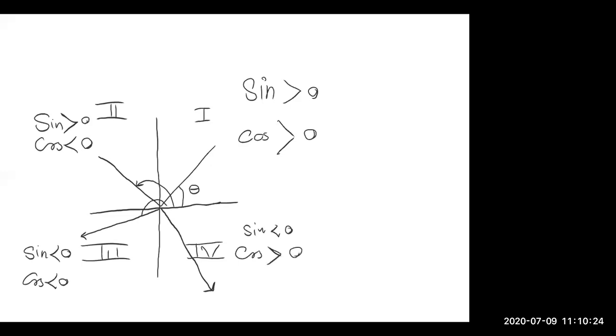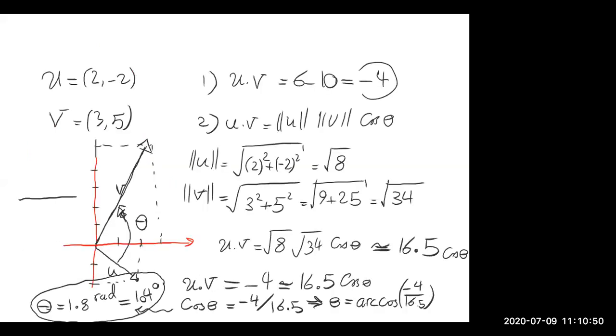So 104 degrees is somewhere around here. It's more than 90 degrees and it's less than 180. And here cosine is negative. That's why, if you look at the computations, we noticed cosine is minus 4 over 16.5.